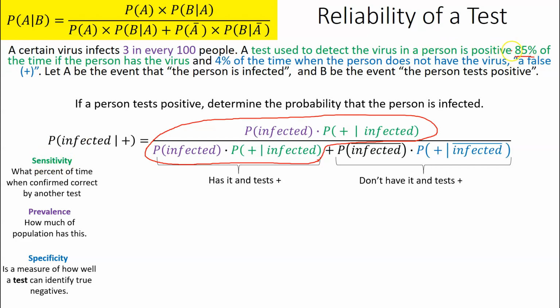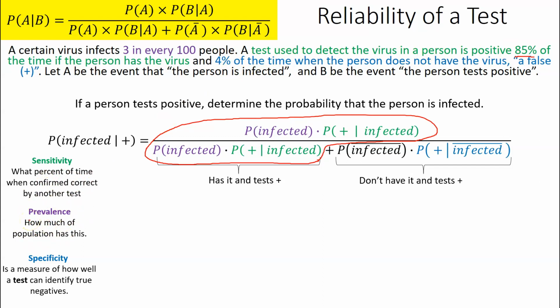Just so you know, the higher the sensitivity, though, you might be increasing the amount of false positives. It might be overly sensitive and say people are sick when they're not actually sick. So sometimes these two kind of fight back and forth. Prevalence is how much of the population has this.